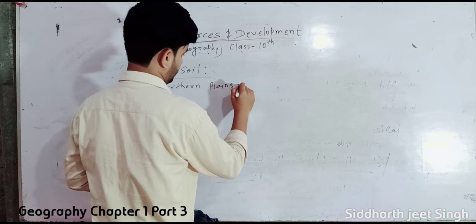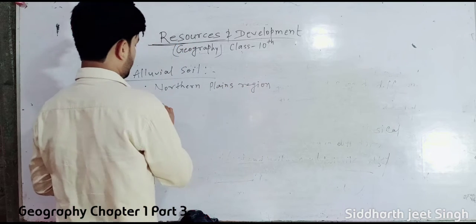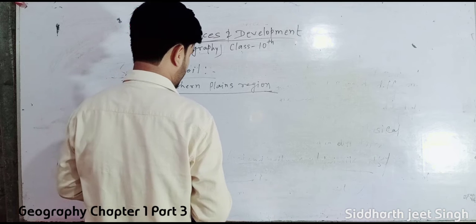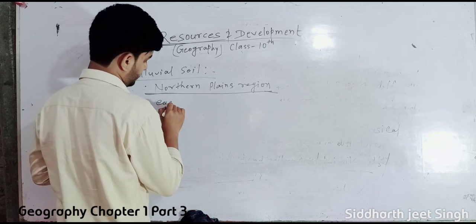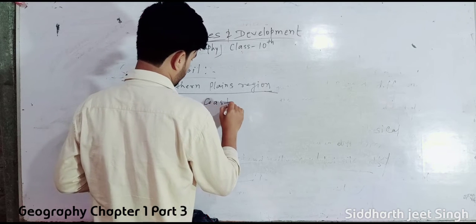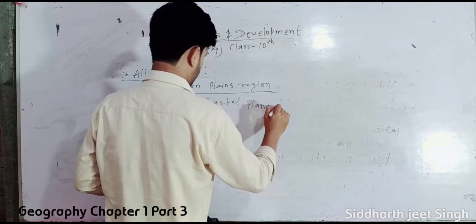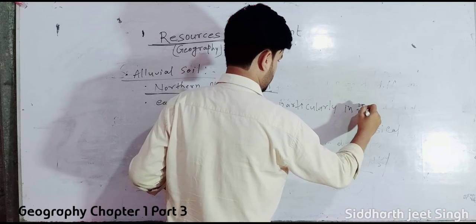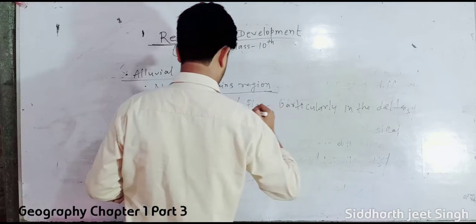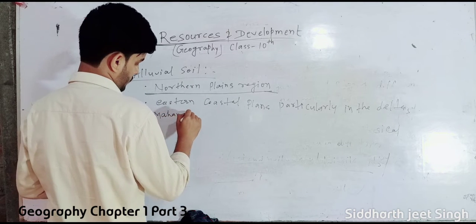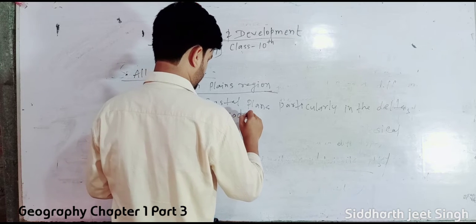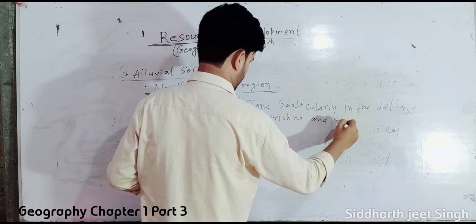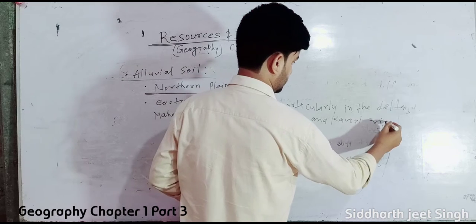It is also found in the eastern coastal plains, particularly in the deltas of the Mahanadi, Godavari, Krishna and Kaveri rivers.